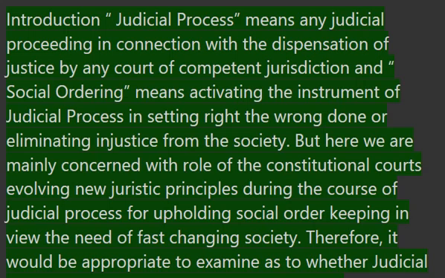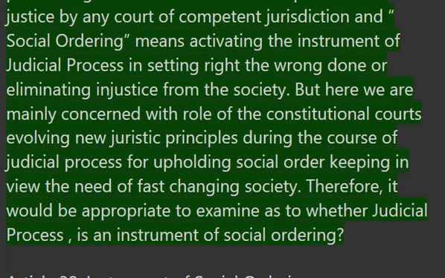But here we are mainly concerned with the role of the constitutional courts in evolving new juristic principles during the course of judicial process for upholding social order, keeping in view the need of a fast changing society. Therefore, it would be appropriate to examine whether judicial process is an instrument of social ordering.